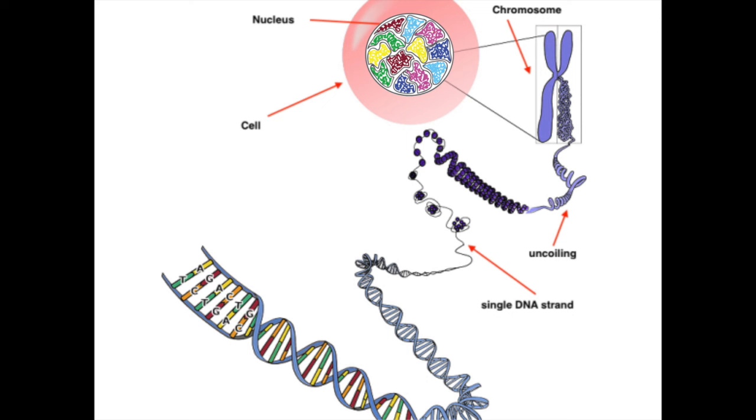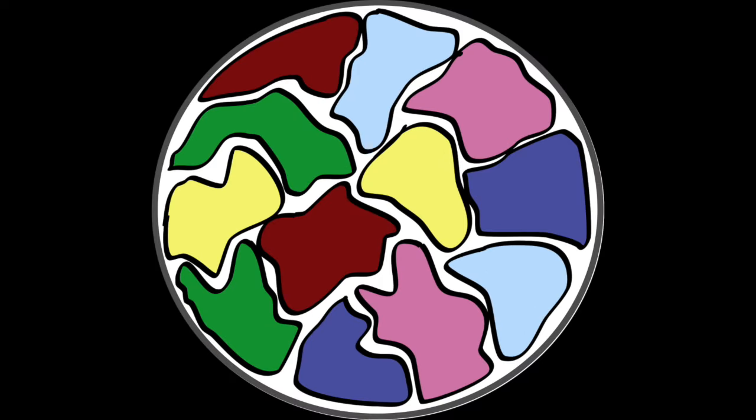So let's go back to that diagram and remove all those squiggly lines and just focus on the compartments themselves. If you'll notice, they're very irregularly shaped. That's very similar to an amoeboid shape, a protozoan.